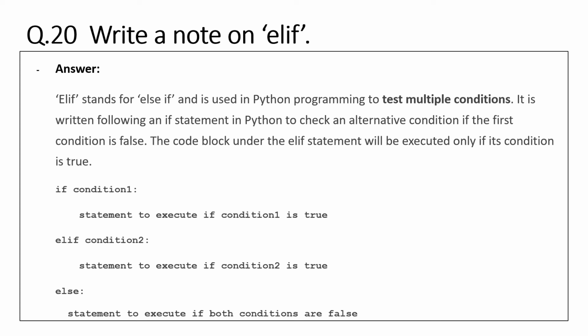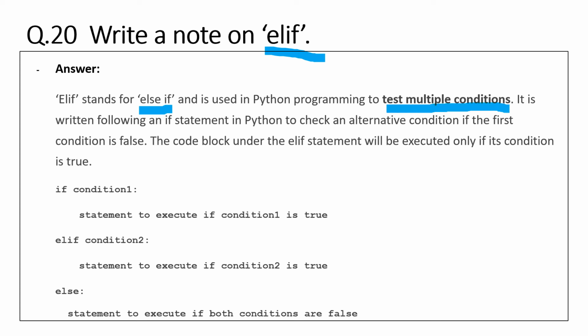The next question is, write a note on statement elif. Elif basically stands for else if. El stands for else, and therefore it is called else if, and it is used in Python code to test multiple conditions.